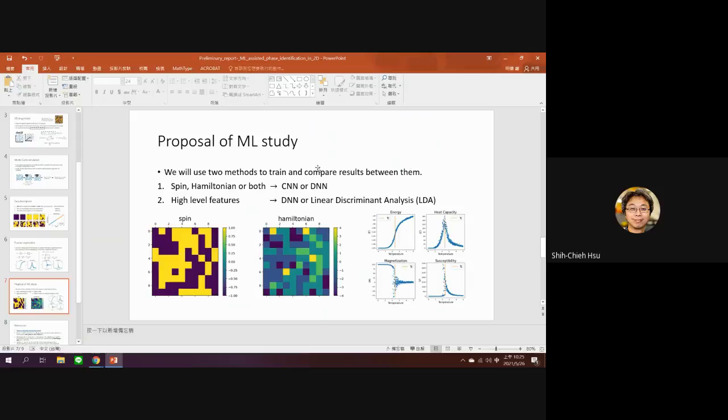But as you said, the two phases actually depend on the relation of entropy and energy, right? It seems like these are two natural high-level features. Am I wrong? Sorry, I can't hear your sound clearly. So you define the two phases using energy and entropy. But then why don't you just use these two as high-level features?